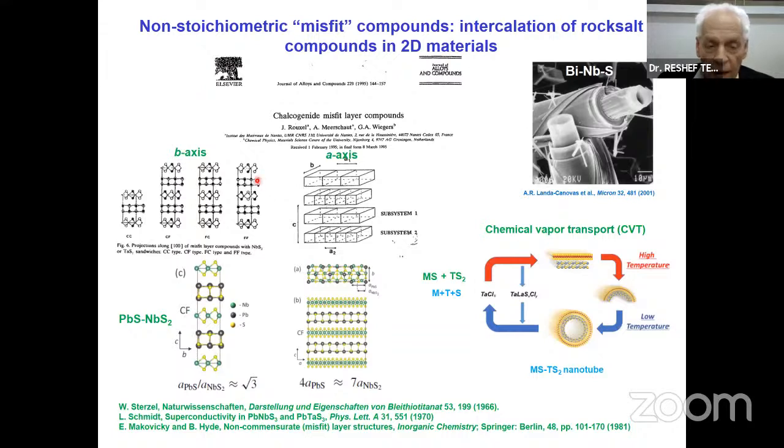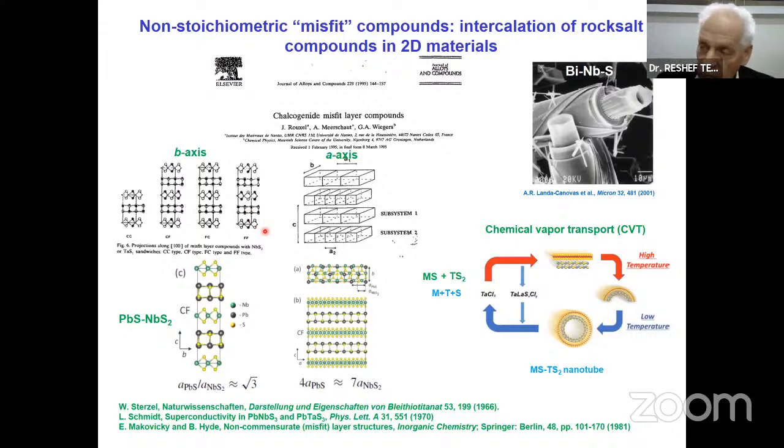So between each two hexagonal layer, you intercalate one square or one rock salt layer of lead sulfide, and you get this intercalated structure. Basically, you make a superstructure of hexagonal, rock salt, hexagonal, rock salt, hexagonal. So you get a superstructure.